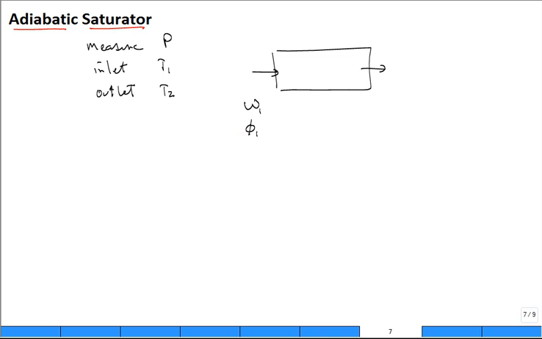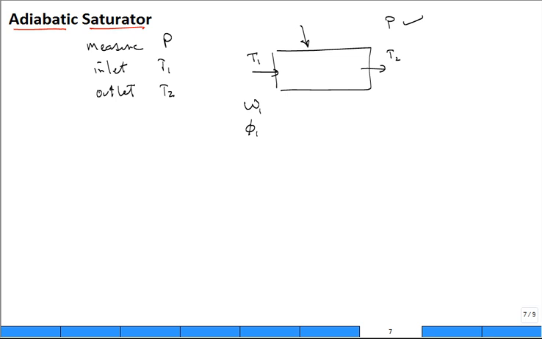So here's our device. We just measure the inlet dry bulb temperature, the exit dry bulb temperature, and we know the atmospheric pressure. From those 3 measurements, one is so trivial I hate to even list it, pressure, you can infer omega and phi.